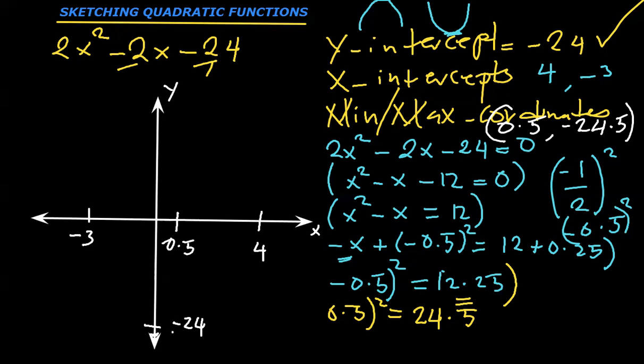Let me just put a stamp there for my minimum point. My minimum point is right there. So now let's draw a graph.